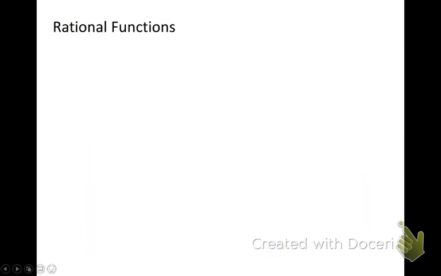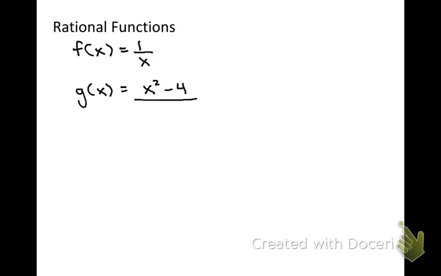All right, now the other issue that presents itself is when we have a rational function. A rational function is just a ratio of polynomials. A common one would be something like f of x equals 1 over x. But we could get fancier here and say x squared minus 4 over 2x squared plus 3x minus 5.